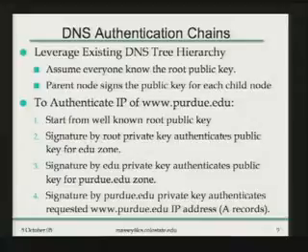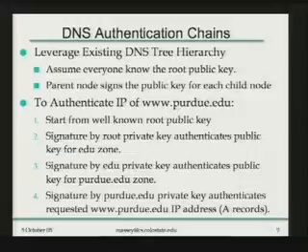Purdue edu is signed by its parent, edu. So now I can authenticate the Purdue edu key. And finally, the record I want, Purdue edu IP address, or its A record, is signed by the Purdue edu key. So I have a nice authentication chain starting at the root, walking down to edu, walking down to Purdue, finally walking down to the data I want. Make sense?